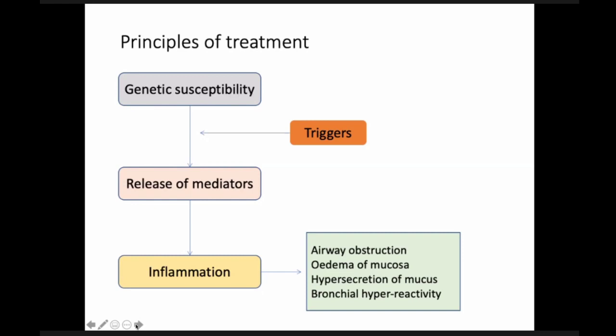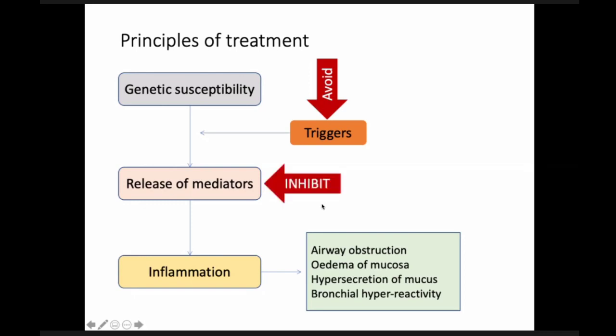So what are the armaments or the weapons we have against this? Avoid the triggers. We have drugs that can inhibit the release of mediators. We have anti-inflammatory medications to counteract inflammation. It's one of the cornerstones in the management of asthma.